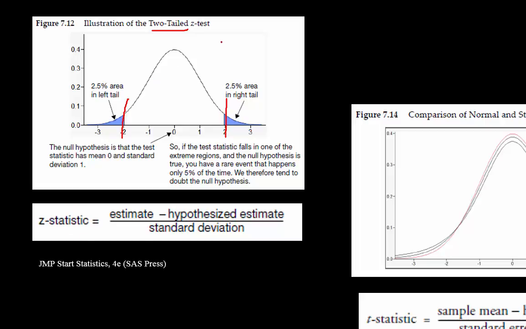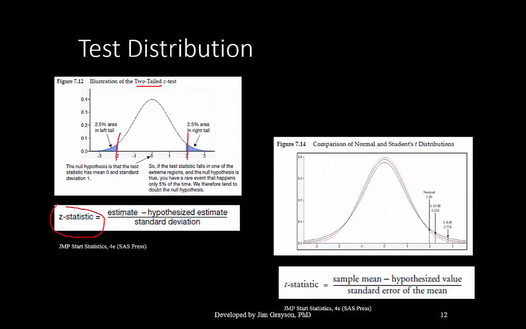If we had a large sample mean, then we'd be using what's called a z-test statistic, but the form of our test statistic is this, very similar for a t-test statistic.